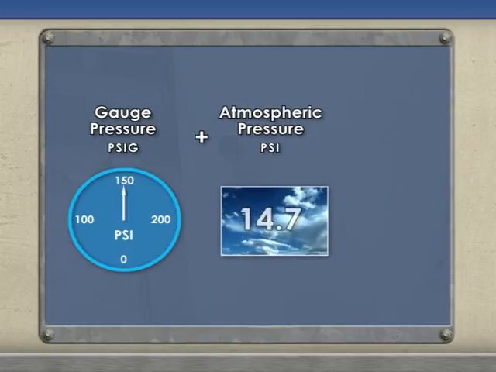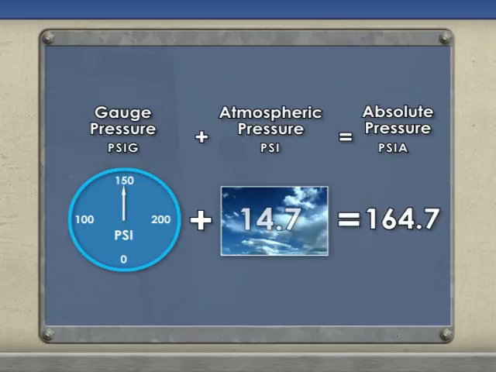If the tank is at sea level, where atmospheric pressure is 14.7 psi, the absolute pressure inside the tank is 150 plus 14.7, or 164.7 psia, or pounds per square inch absolute. All of the numbers used in this course will be gauge pressures unless otherwise noted.